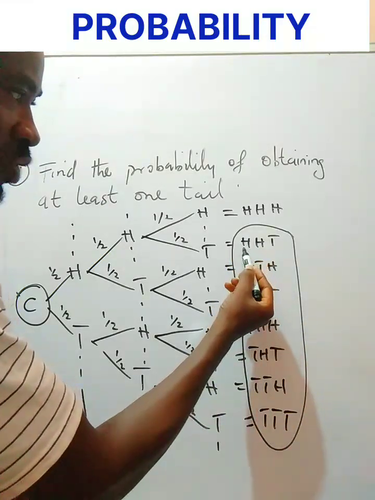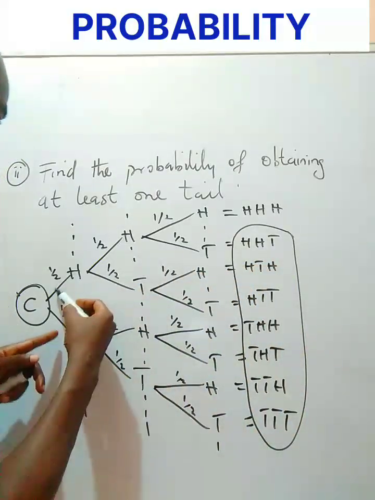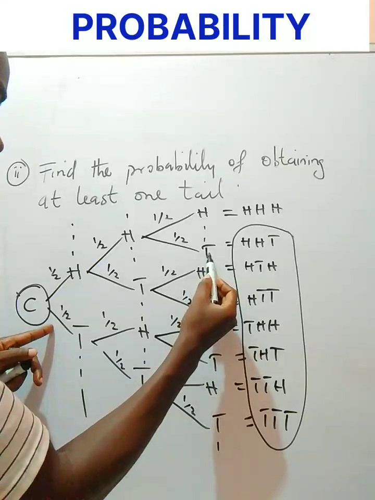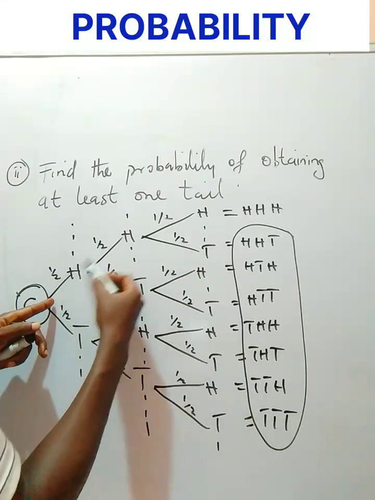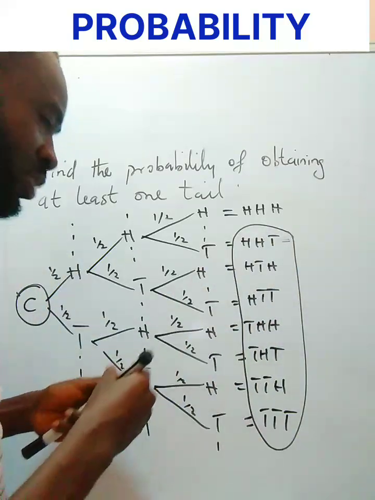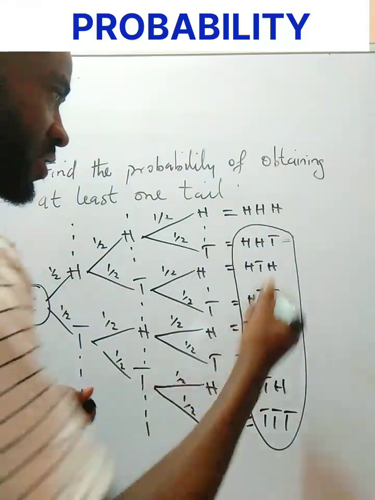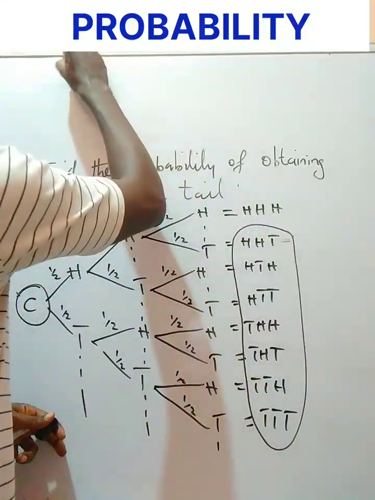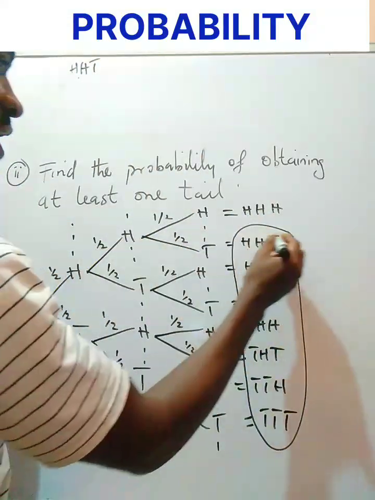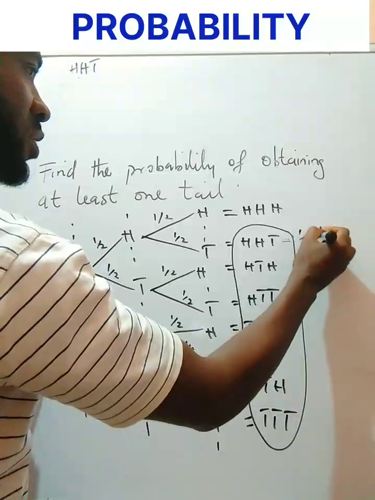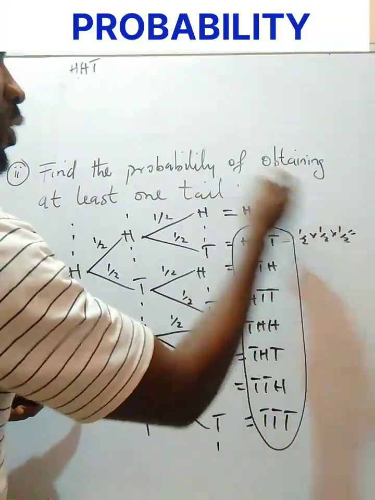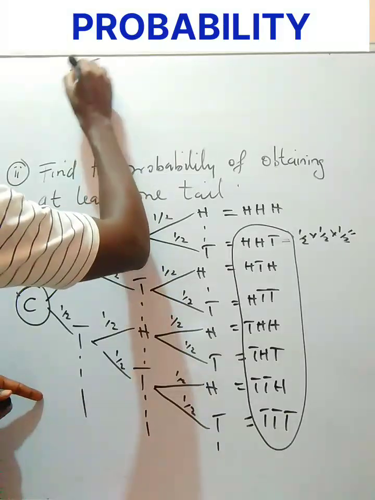The first one here is HHT, and the probability for each is half, half, and half, which means we are multiplying those figures. So HHT is 1 over 2 times 1 over 2 times 1 over 2, and that will give us 1 over 8.